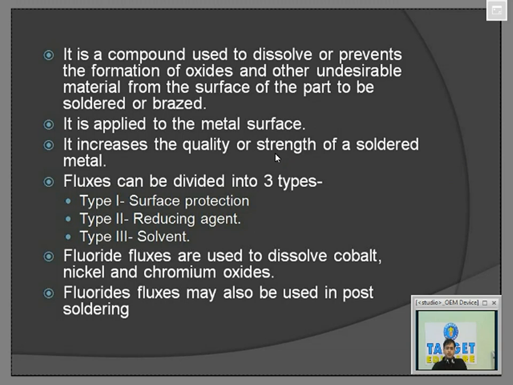So it is a compound used to dissolve or prevent the formation of oxides or other undesirable material from the surface of the part to be soldered or brazed. It increases the quality or strength of a soldered metal.